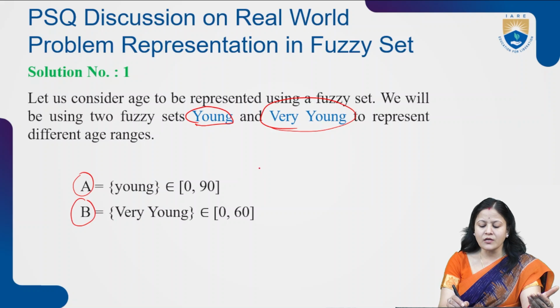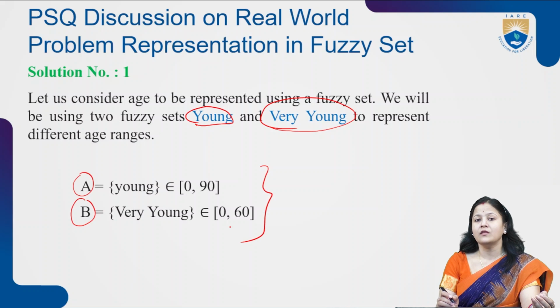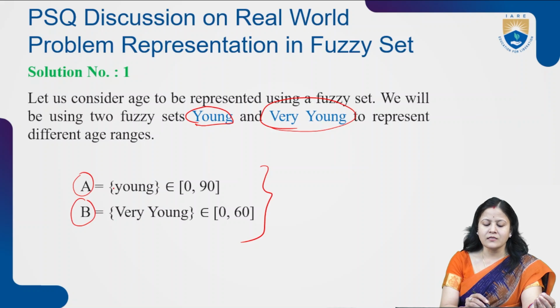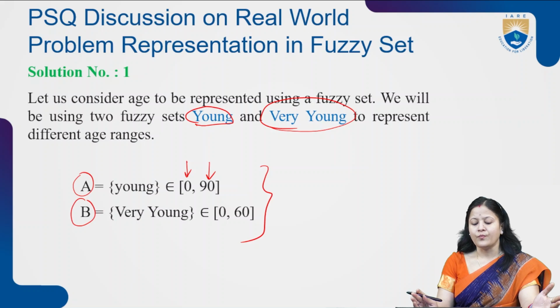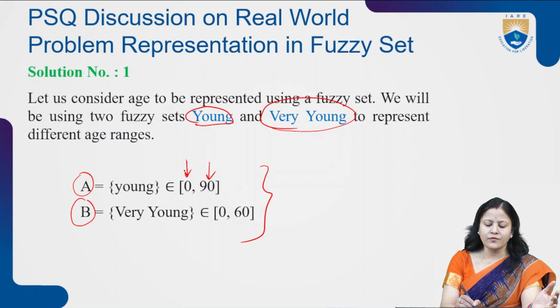From these two assumptions, set A is the young set whose value ranges between 0 to 90, which means at the least value 0, youngness would be very high, and gradually when we move to the age of 90, youngness will be completely 0. That means at the age of 0, youngness will be 1, and at the age of 90, youngness will be 0.